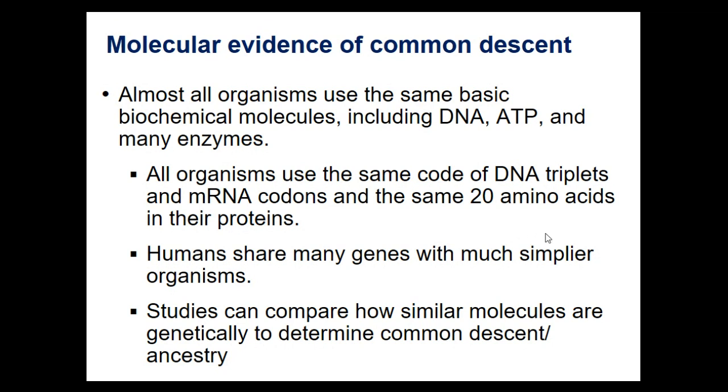All proteins in all organisms are made up of the same 20 amino acids. Even many genes that occur in humans are some of the same genes that occur in many other species.